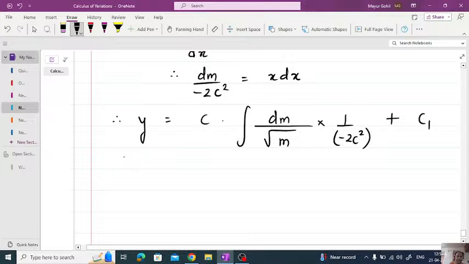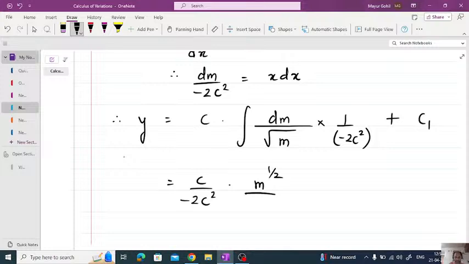Okay, and so here you will have c upon minus 2c square into m raised to minus half, sorry, so here it will be m raised to half over half.